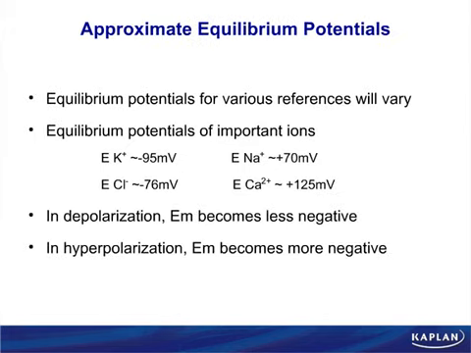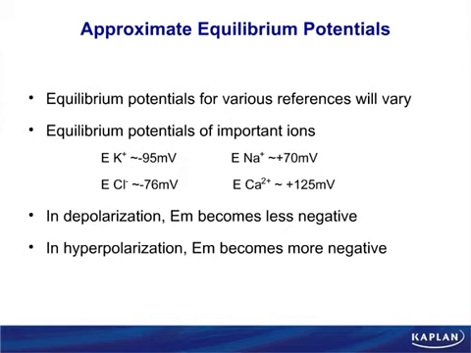Although this is not required for you to memorize, we're going to give you these numbers. Here are some equilibrium potentials for potassium, chloride, sodium, calcium. It is important to have this in your head as we work our way through this idea.